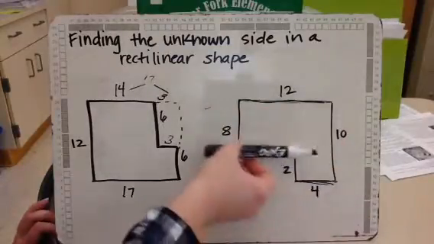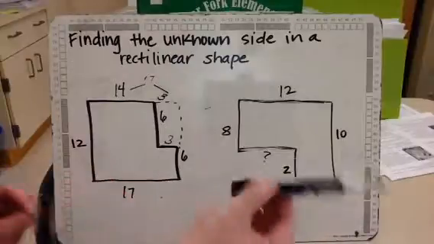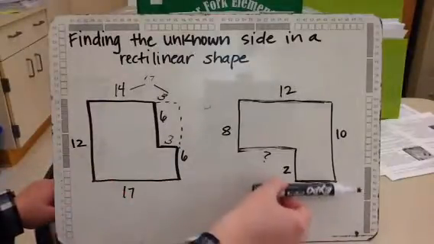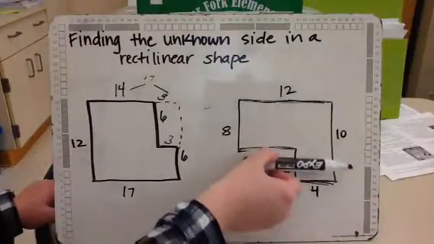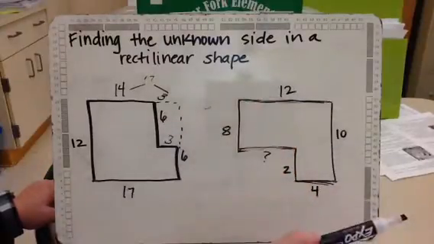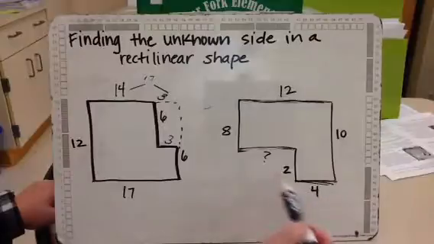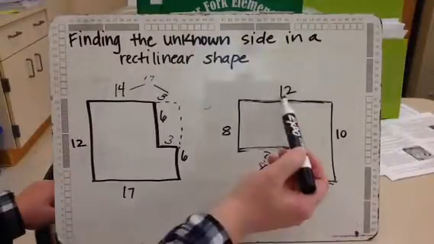So 4 plus something equals 12. I like to sometimes take my marker and make sure I'm focusing on the lines that are going the same way. So 4 plus something is going to equal 12. I know that 4 plus 8 equals 12.